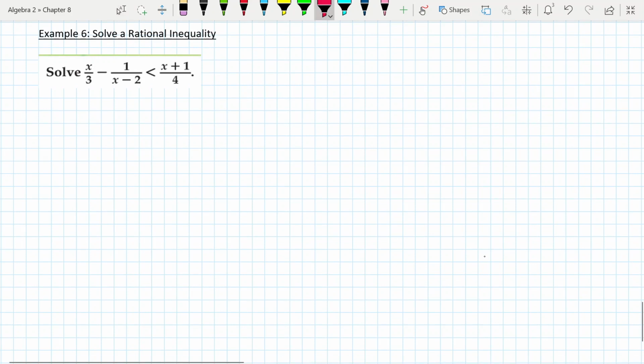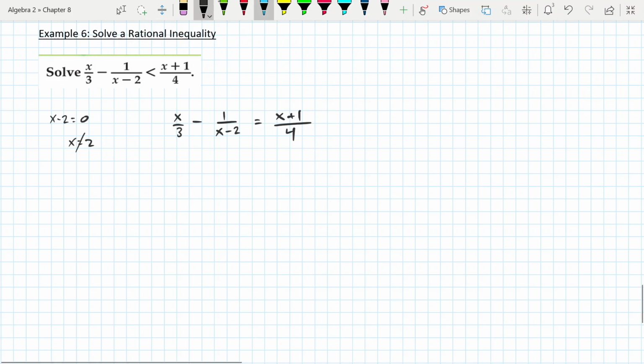Example 6. Solve a rational inequality. The first step is to find the excluded values. So when does x minus 2 equal 0? That equals 0 when x equals 2. So x cannot equal 2. Now I just set up the equation. That's exactly the same as my inequality, except I changed out the inequality sign for an equal sign.